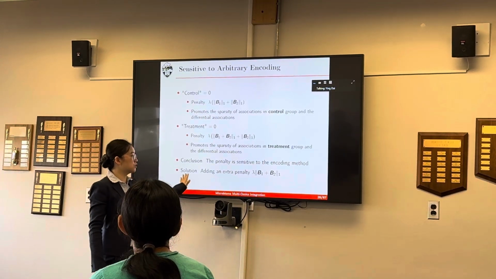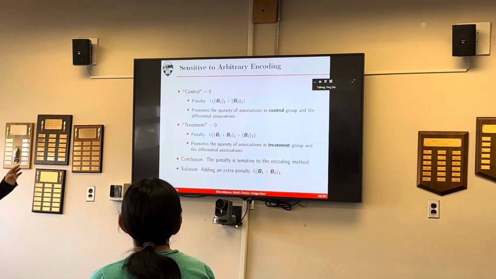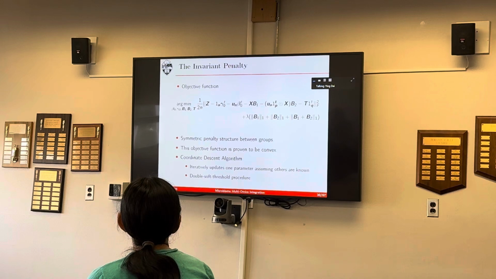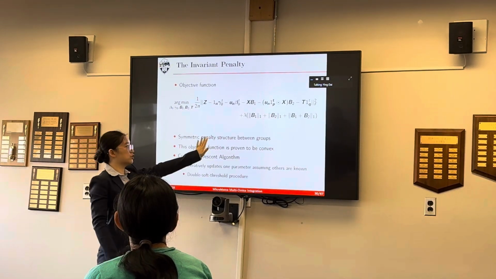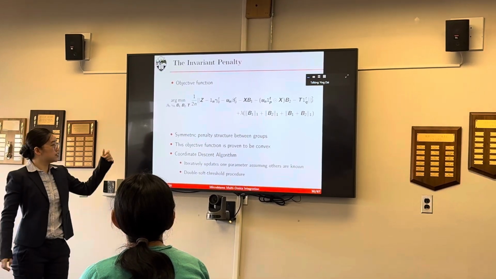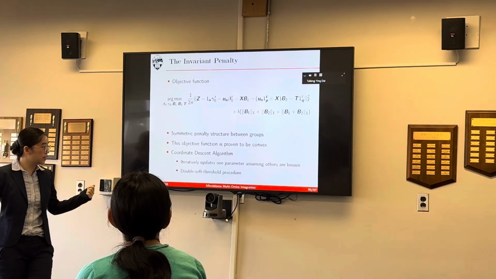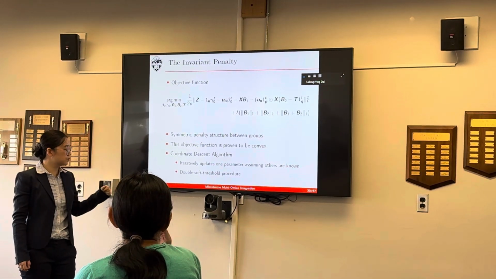So the solution we come up with is adding an extra penalty on B1 plus B2, and we call this penalty the invariant penalty. Now the penalty structure between groups is symmetric. We successfully proved that the objective function is convex, and we apply the coordinate descent algorithm to get the estimations.